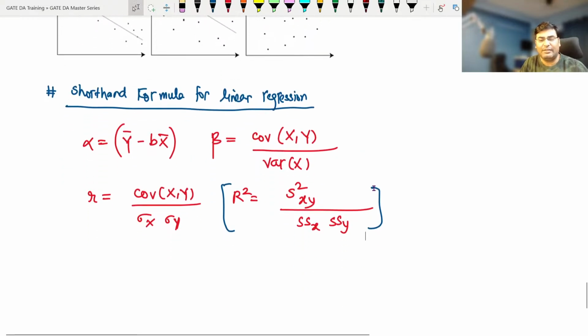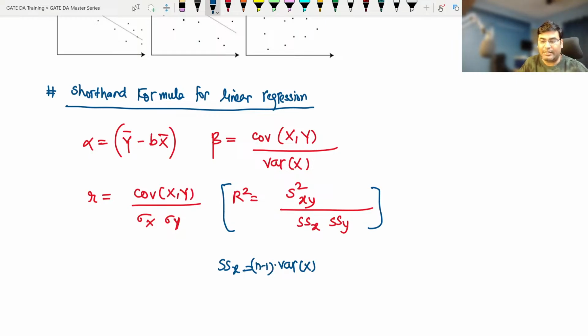So guys, if you see here, sum of square deviation we already know, right? So when we say SXX, this means sum of square deviations of x's from their mean. So basically we are saying it is variance of x, and you are multiplying with n minus 1. That multiplicative factor can be anything else, it can be n or n minus 1.